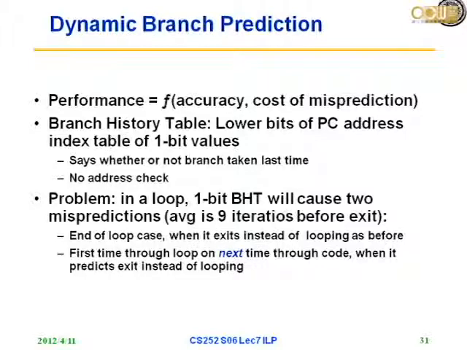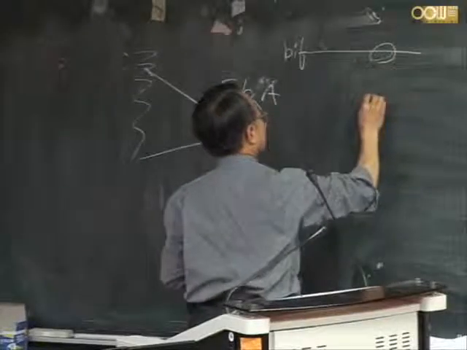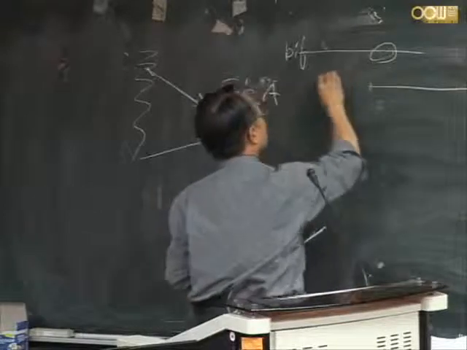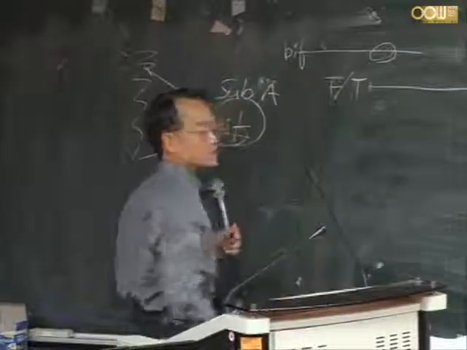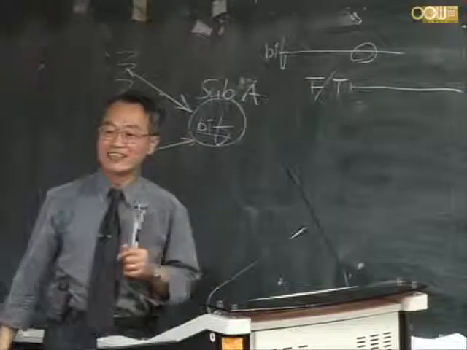Okay, so in order to make the prediction, how much time you need to spend has to do with performance. For instance, this is my execution timing: branch if, and after 4 cycles, then I know whether I should fetch from fall through or target. Looks like false and true.